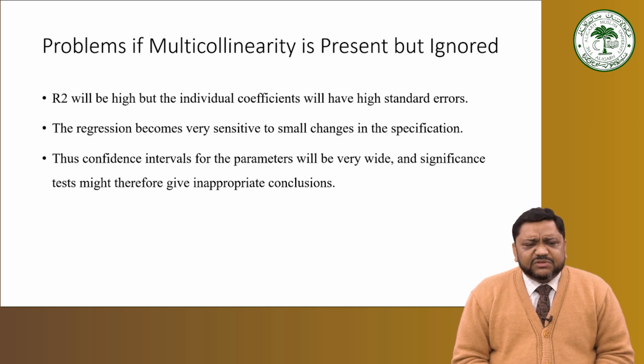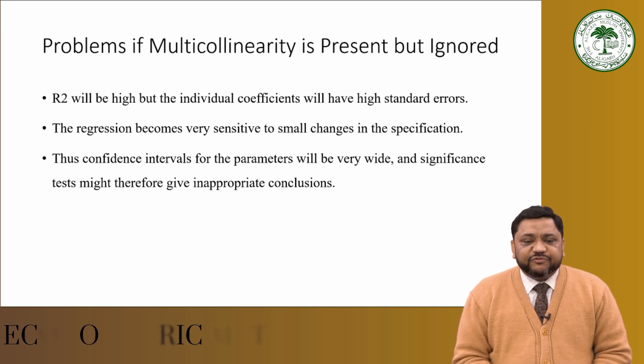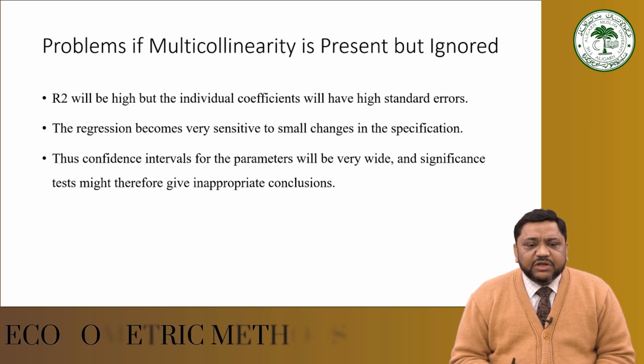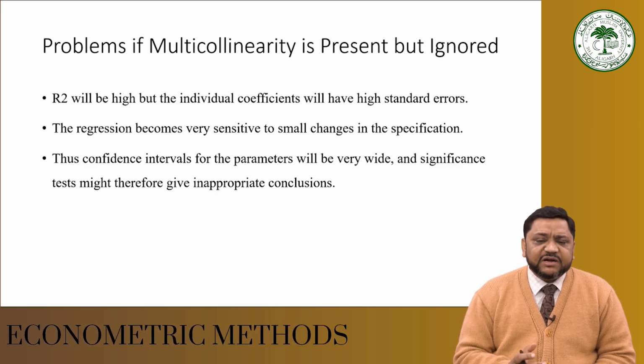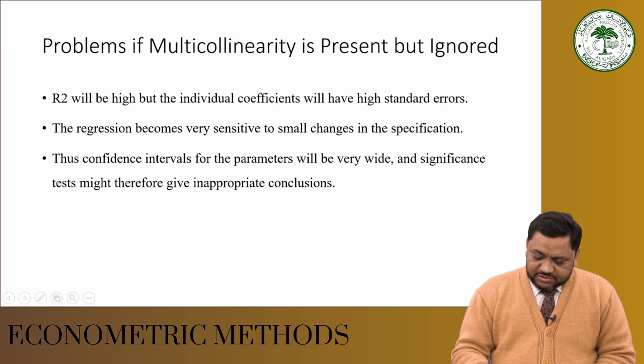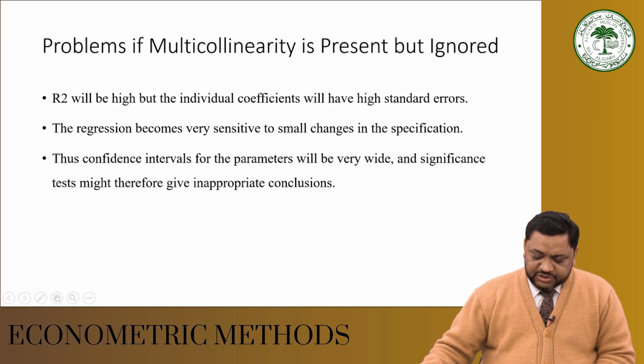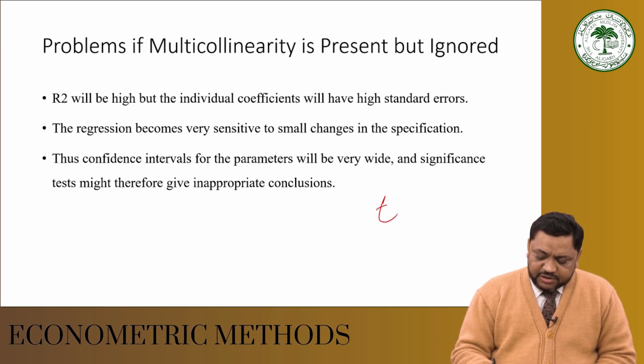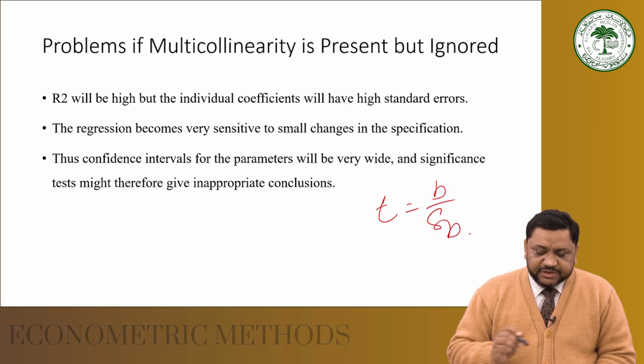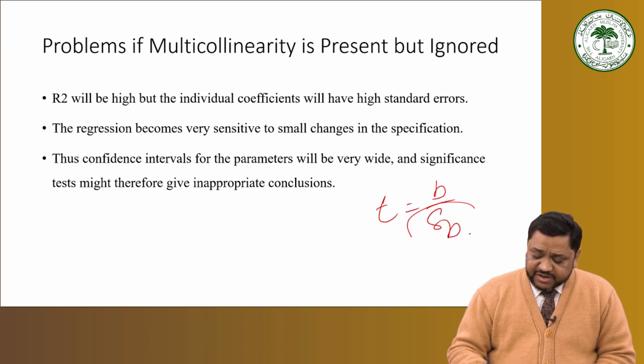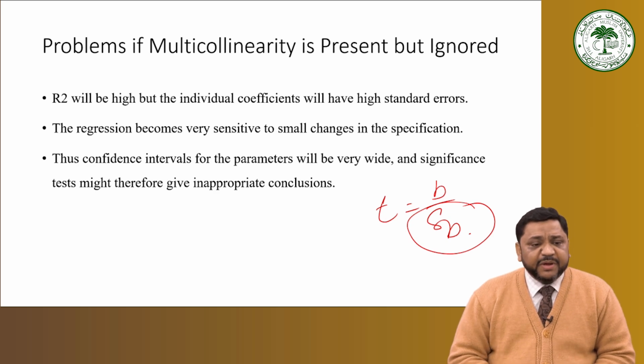So, what happens if you just ignore this issue of multicollinearity? R square will be high, but individual coefficients will have high standard errors. What is the meaning of an individual coefficient having a high standard error? t is equal to beta by SB. The denominator becomes very big.